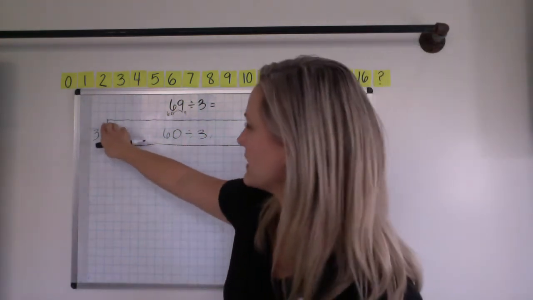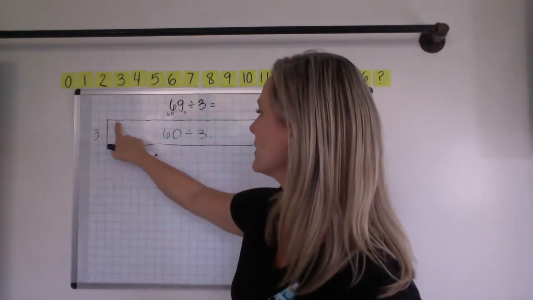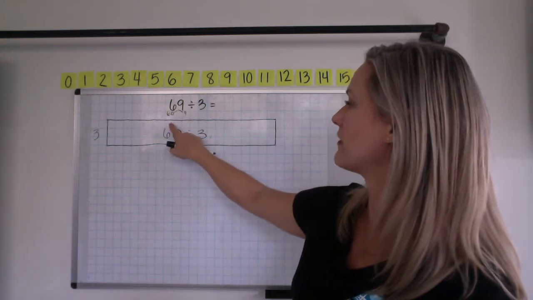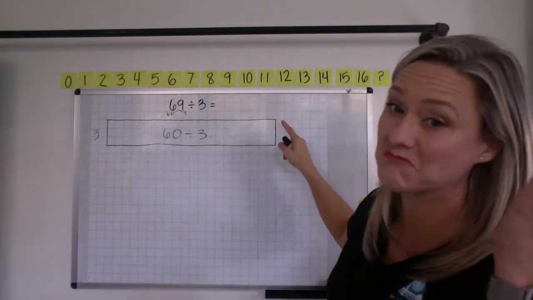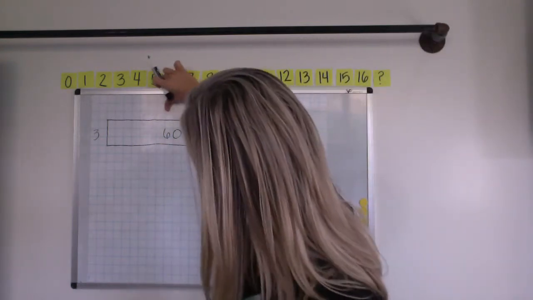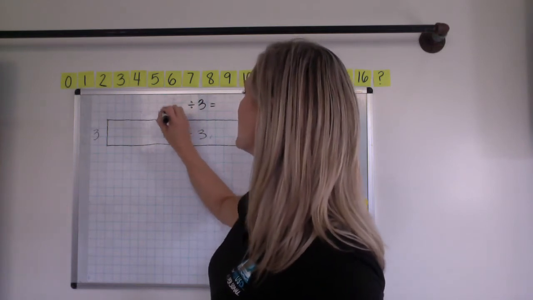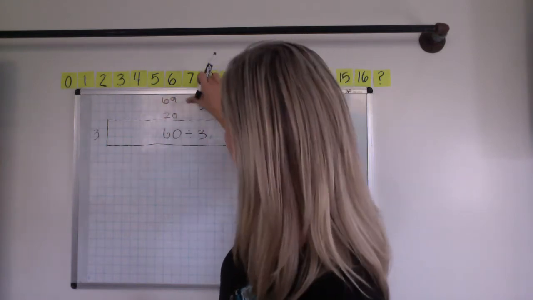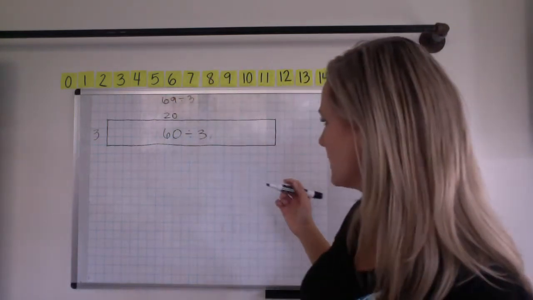So we've divided it into 3 rows. Now, what is on the top? 1, 2, 3, all the way to 20. So we've got a 20 up here. I know I should have maybe planned out my spacing a little bit better.